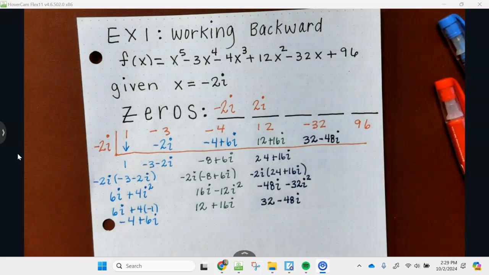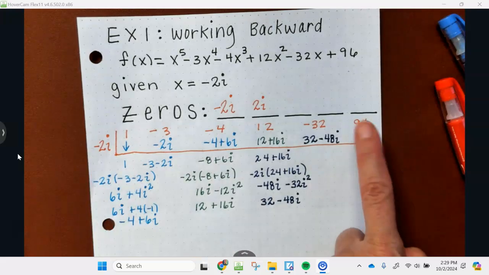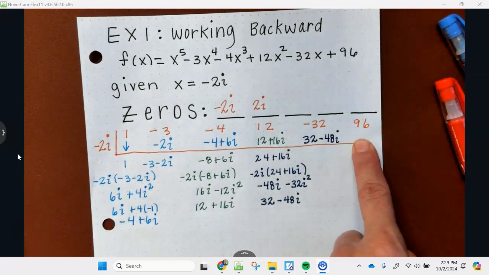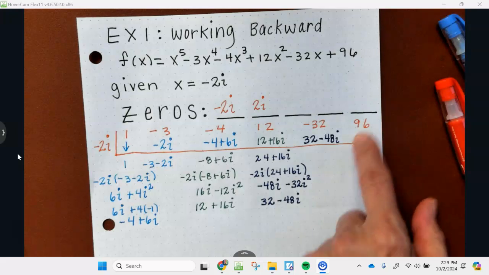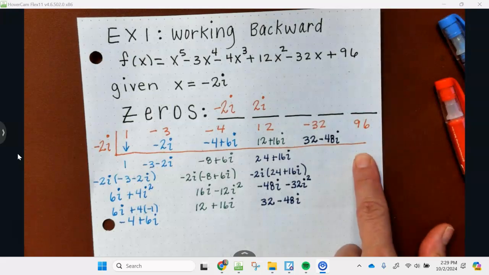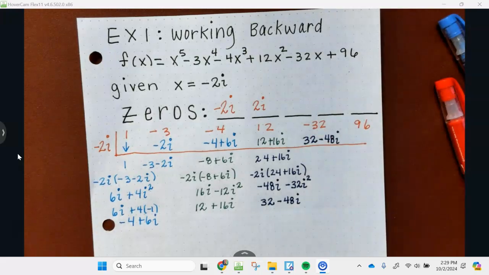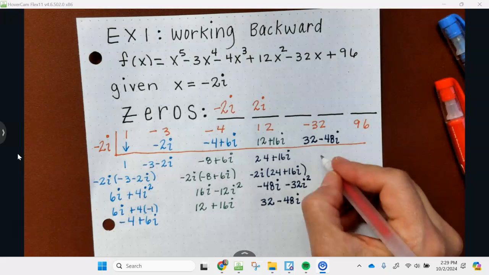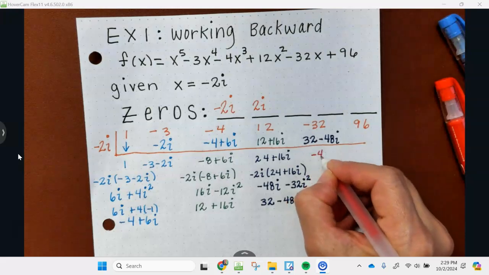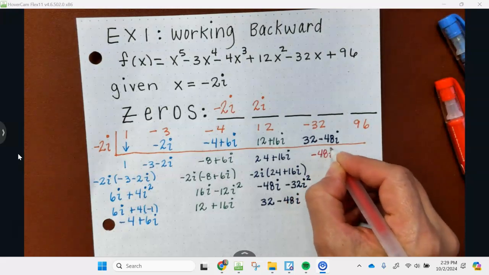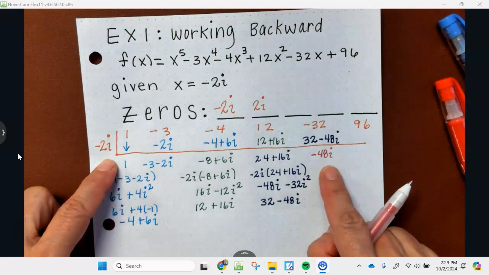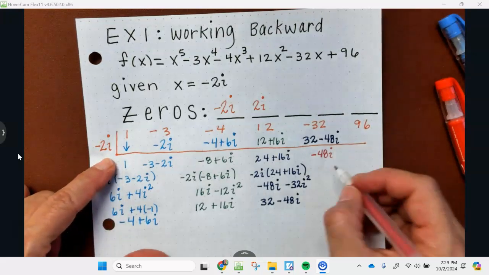All right, so those 32s cancel, but y'all remember, this is a 0. Like, this has to miraculously turn into a negative 96 right there, or we did something wrong. These have to cancel out at the end. Let's keep going. So negative 32 and positive 32 cancel out, so this is going to be a negative 48i. We're going to have to multiply. Let's hope it turns into negative 96.